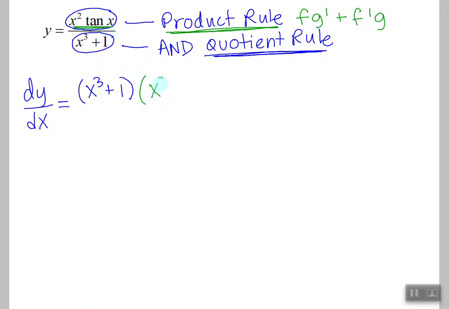x squared is our f, times g prime, the derivative of tangent x, secant squared x, plus f prime, 2x, times g, tangent x.